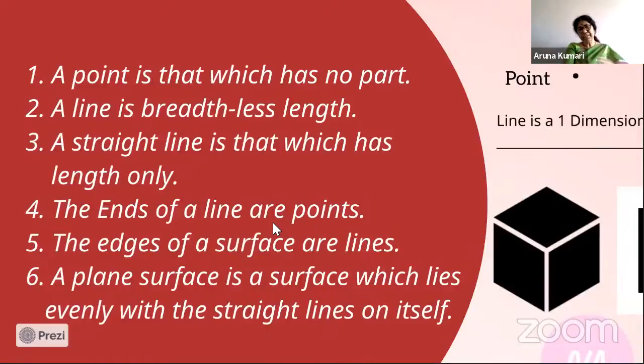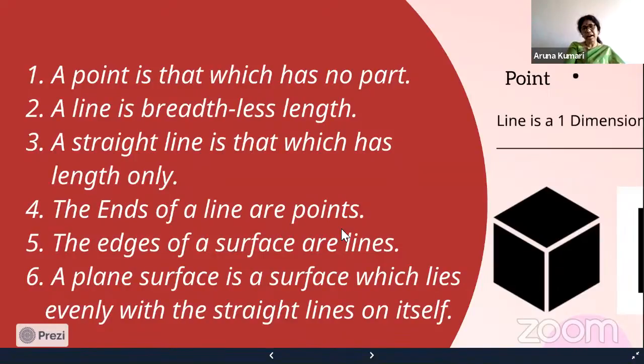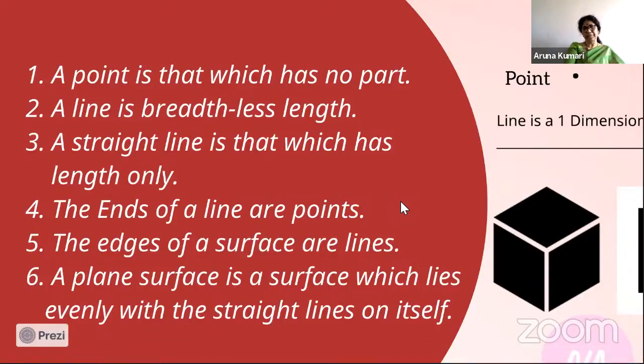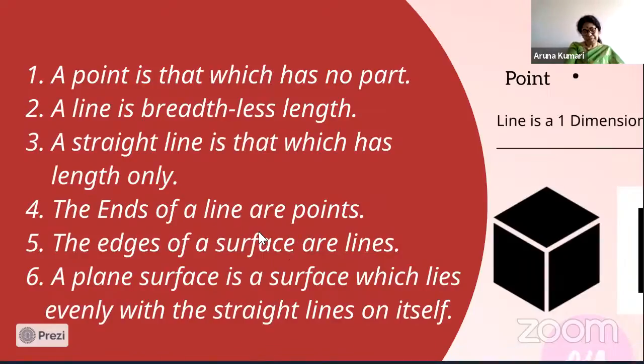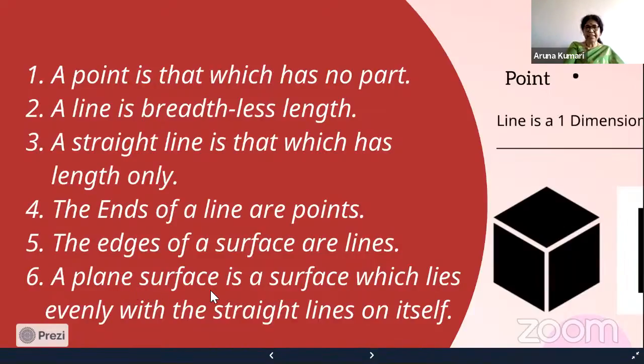That means if the surface is curved, it is curved surface, and if the surface is plane, then it is called plane surface. So here, the edges of a surface may come under curved or plane. But here, a plane surface is a surface which lies evenly with the straight lines on itself.